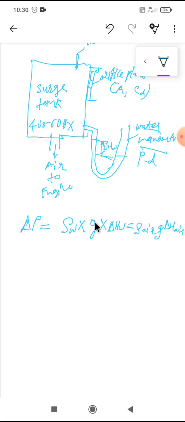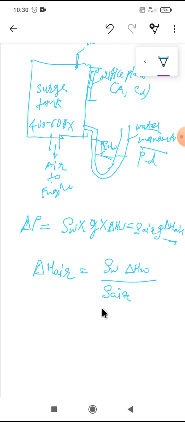So g gets cancelled. I want to find delta H of air. So I'll make delta H of air the subject. So I'll get rho W delta HW divided by rho of air. So delta H of air is rho of W divided by rho of air into delta HW.